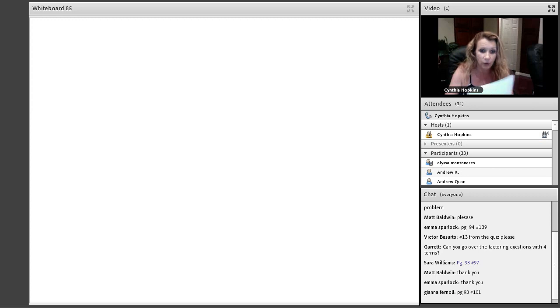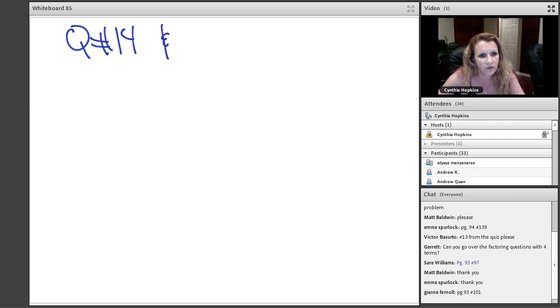Well, you have to know this property. All right, so on the quiz number 14 and 15, let me just read these directions to you. It says variables may have negative values, so use absolute values as necessary. So it's very clear that you need to know the absolute value rule. Basically the absolute value rule says this.